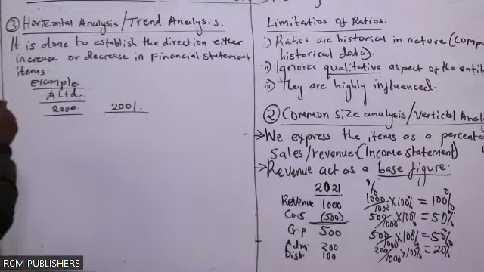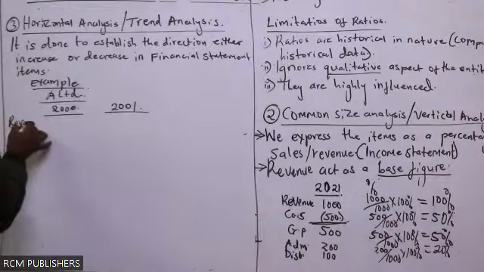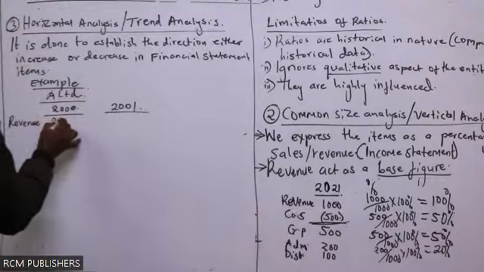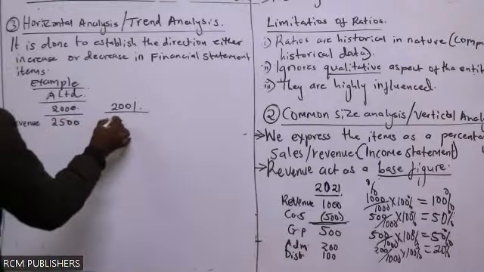So in the year 2000, say we had revenue of 2,500. Then here we have revenue of 3,000.